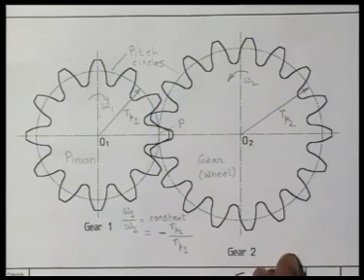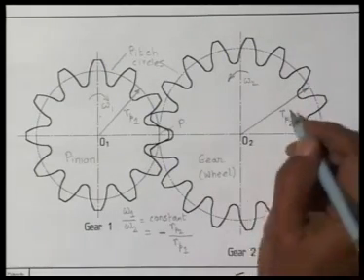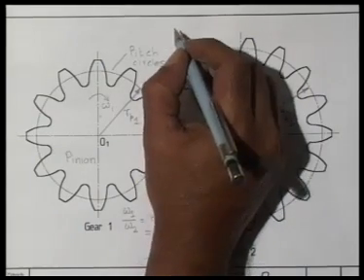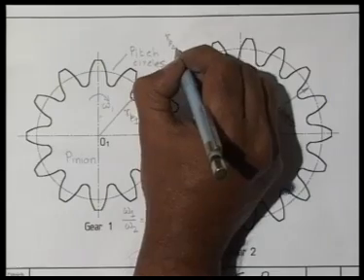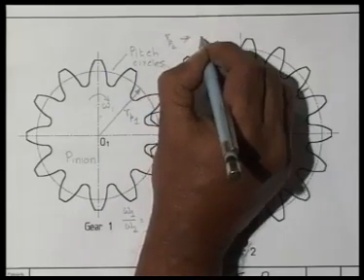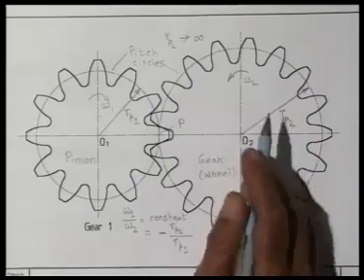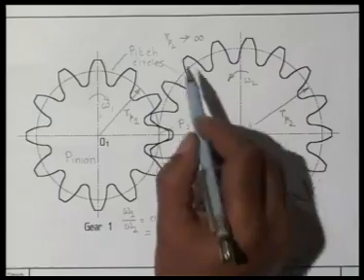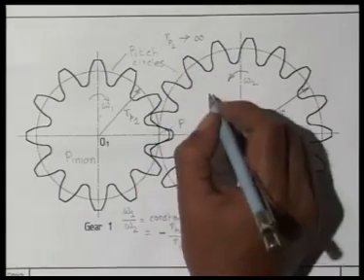Now, let us imagine that this rp2 is made larger and larger, and ultimately rp2 tends to infinity. If rp2 tends to infinity, then this pitch circle is converted to a straight line, and such a gear whose pitch circle radius is infinite is called a rack.